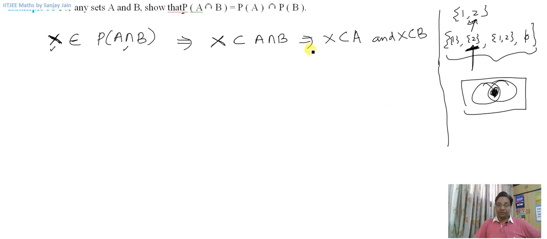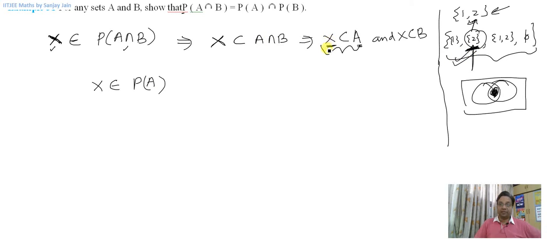Now if this set is a subset of set A, will it be there in the power set of A? Of course, it will be present in the power set of A as an element. If this is a subset of A, for example, this is a subset of this set, so it belongs to its power set.